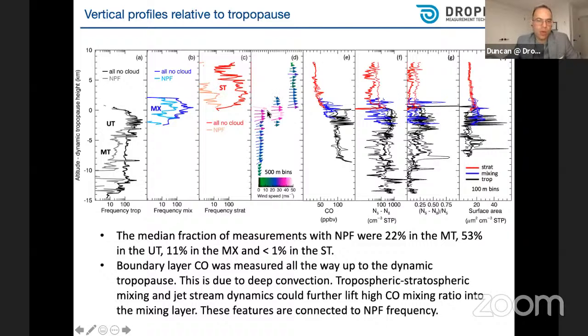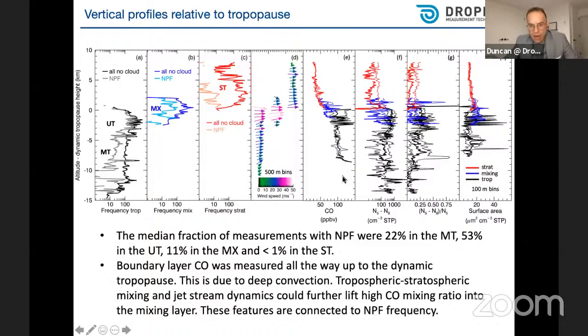Here we see that we identify a jet stream in the mixing layer. And this is important because there may be a dynamic effect associated with the formation of these new particles. And in this next figure, panel E, I'm plotting the mixing ratio of CO. We have CO in the troposphere in black, CO in the mixing layer in blue, and then CO in the stratosphere in red.